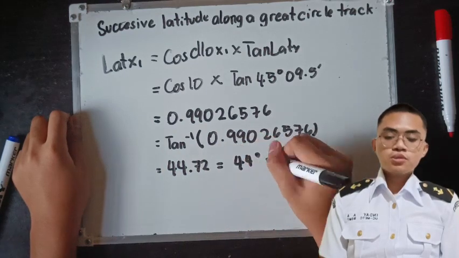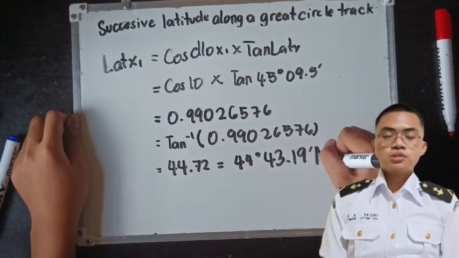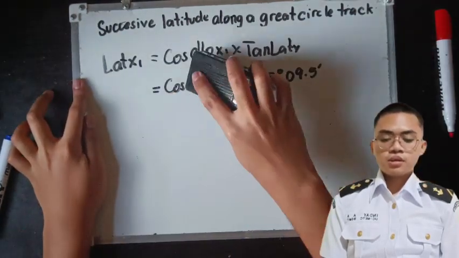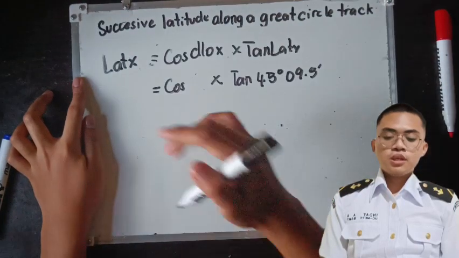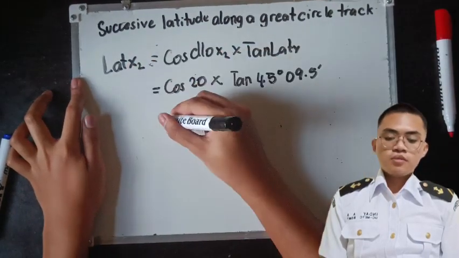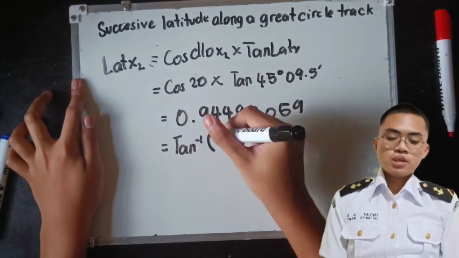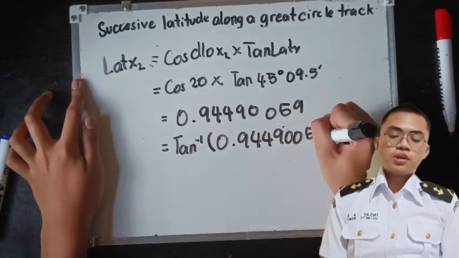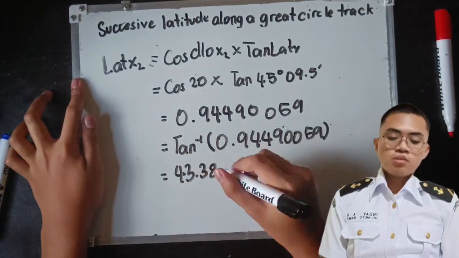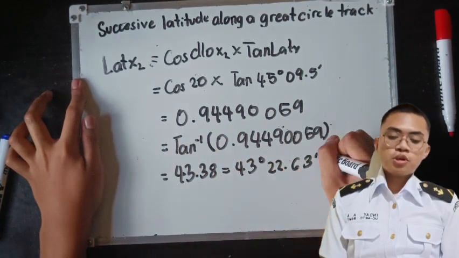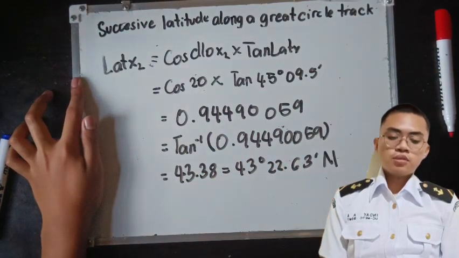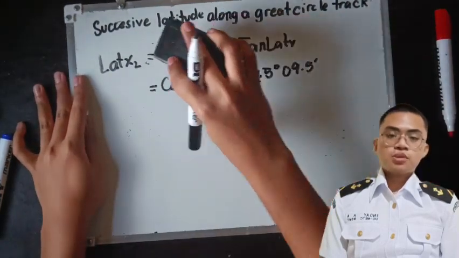The next latitude is also obtained similarly, substituting the cosine 20 from the second dlo from earlier. The answer will be 0.9449059, which is equal to 43.38 or 43 degrees 22.63 minutes north.